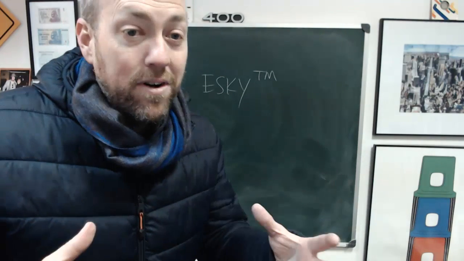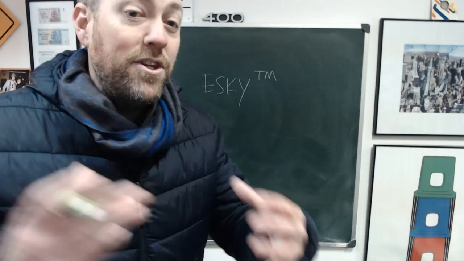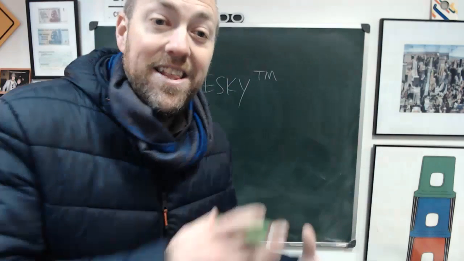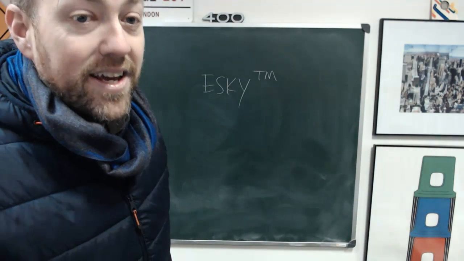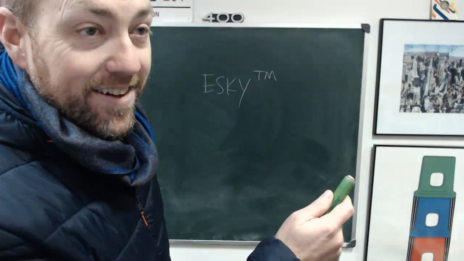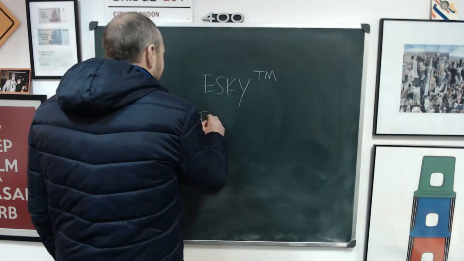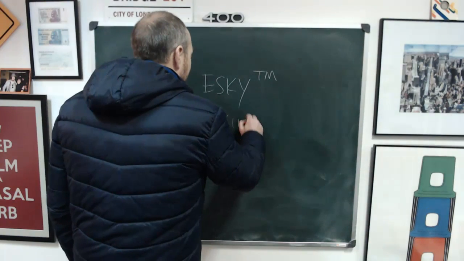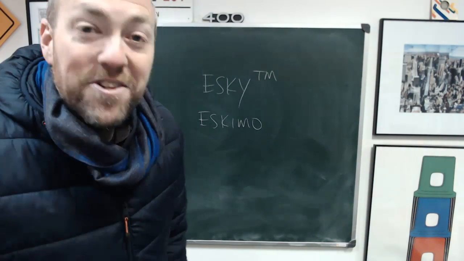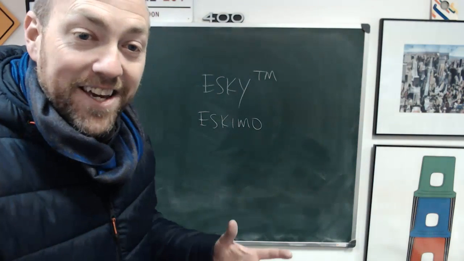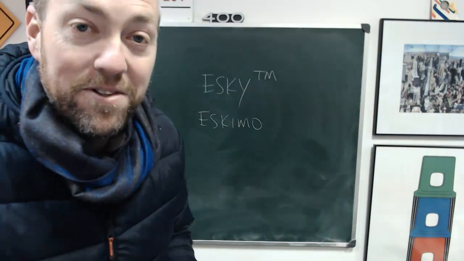Because the box is very cold and you put lots of ice in the box, which is very similar to living in the North Pole, like an Eskimo. So the reason that it's called an Esky is because it's very cold, like an Eskimo. That's the only reason. Okay.